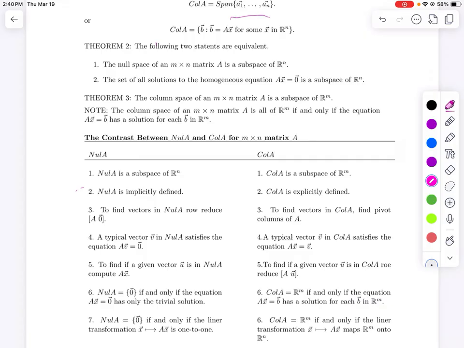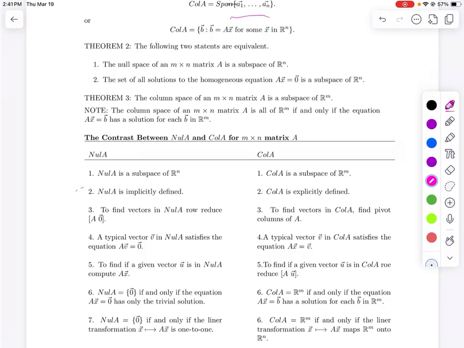You look at those columns and you know that some or all of them are going to make up the basis of the column space. They're in front of you, you just have to pick the right ones. But in the null space, you have to actually solve the equation Ax = 0, and then find those x's which are the solution.